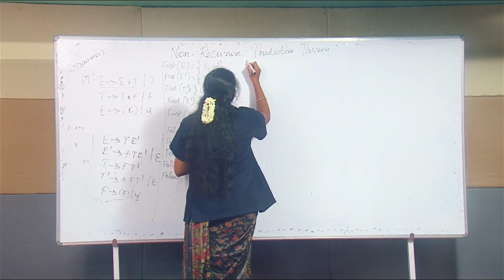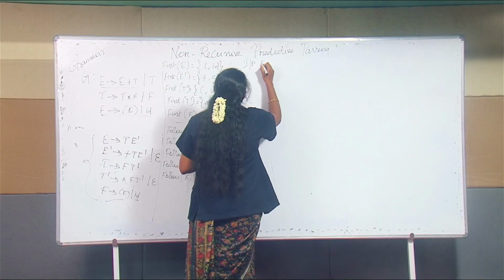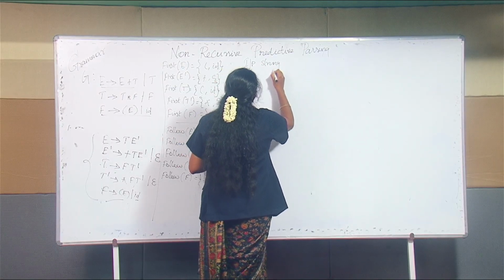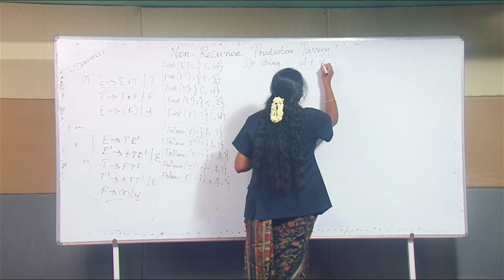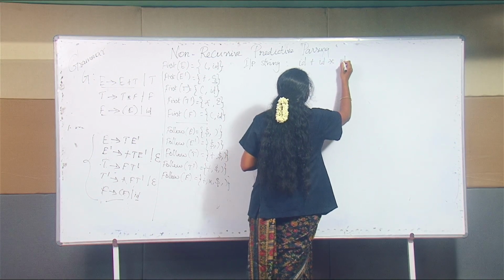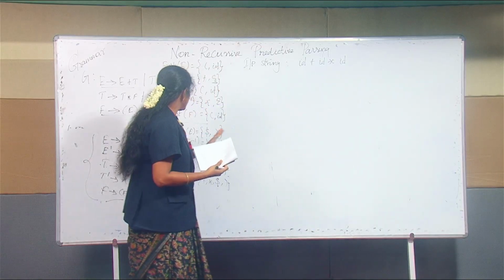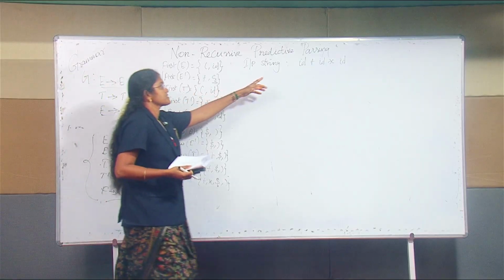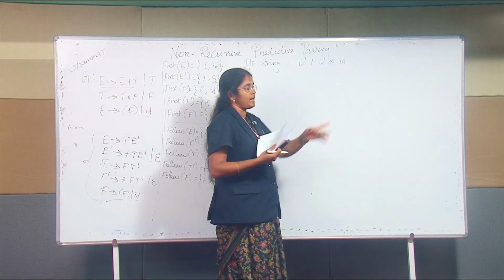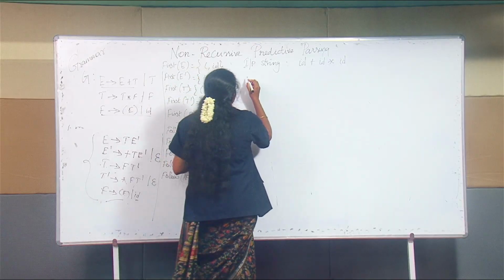Let us consider the input string id plus id star id. We need to check whether this grammar accepts the string id plus id star id.